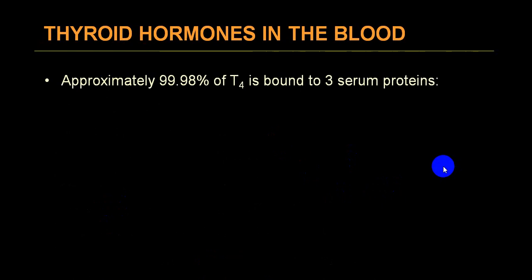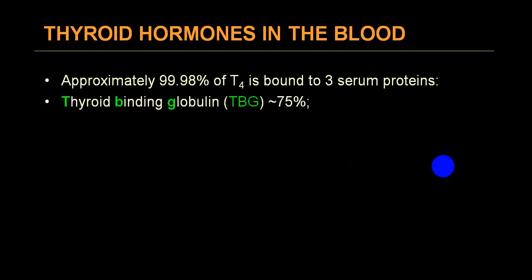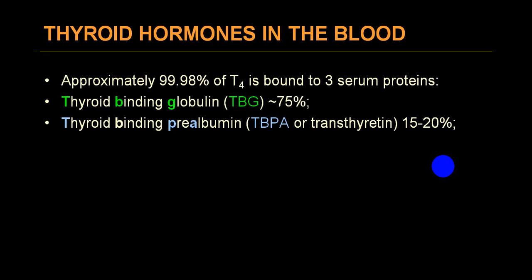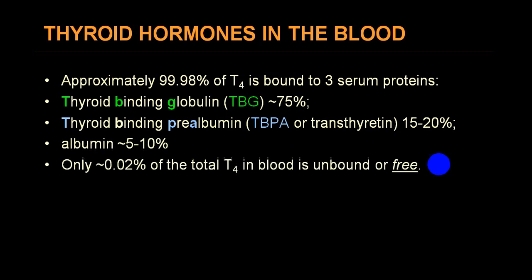Thyroid hormone in the blood, as we have already told you, 99.9% is bound to three serum proteins. Almost 75% is bound to TBG, to prealbumin 20%, and to albumin only 5 to 10%. So fluctuation of globulin, TBG, will make a lot of difference as far as free T4 and T3 are concerned.